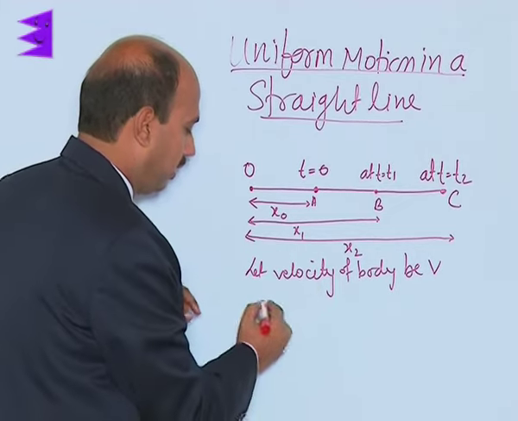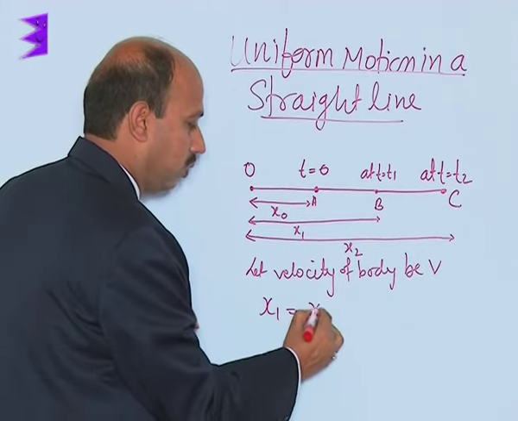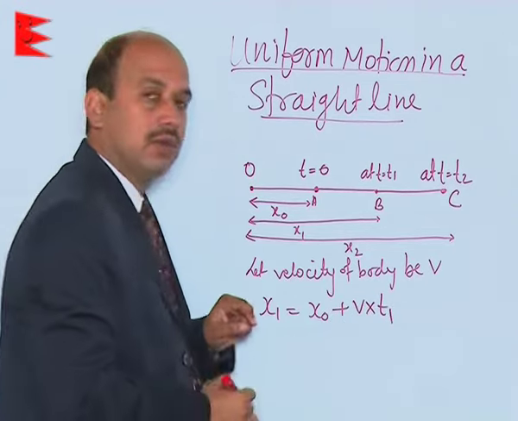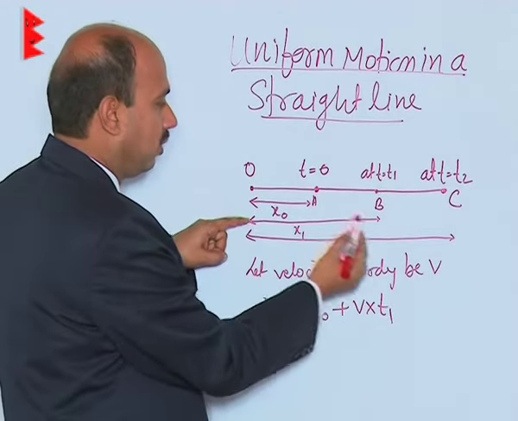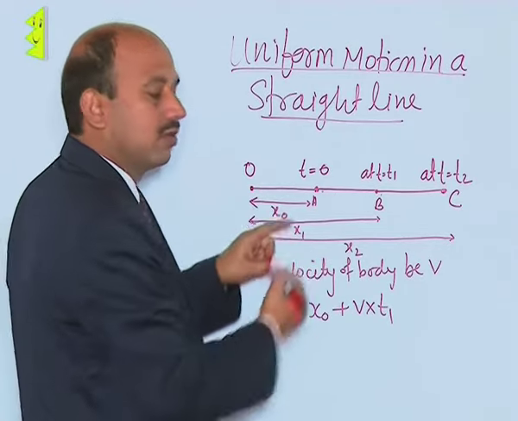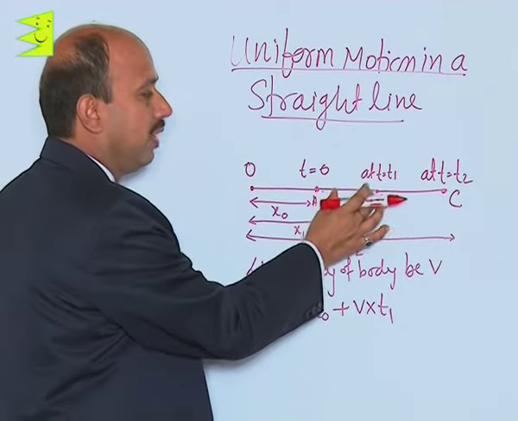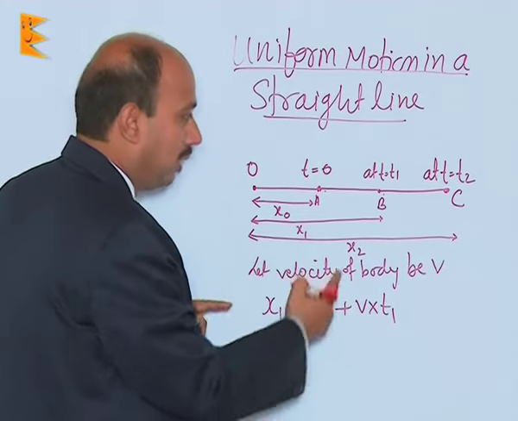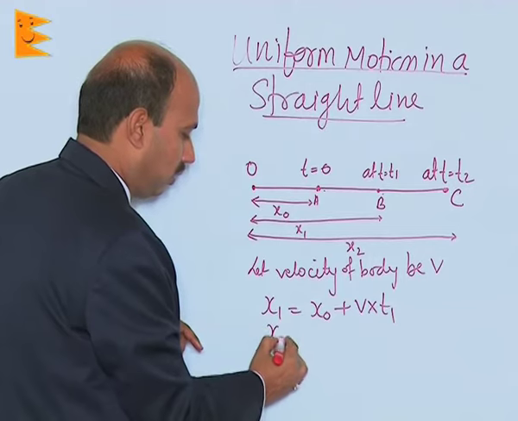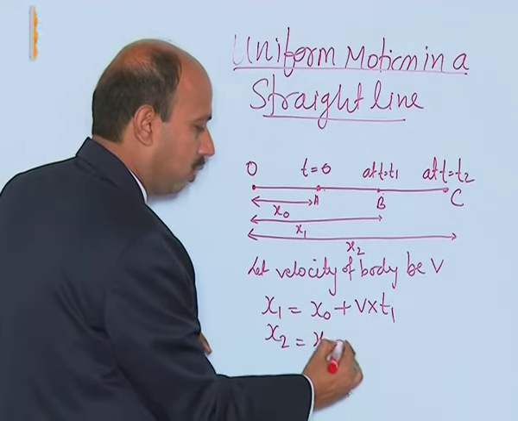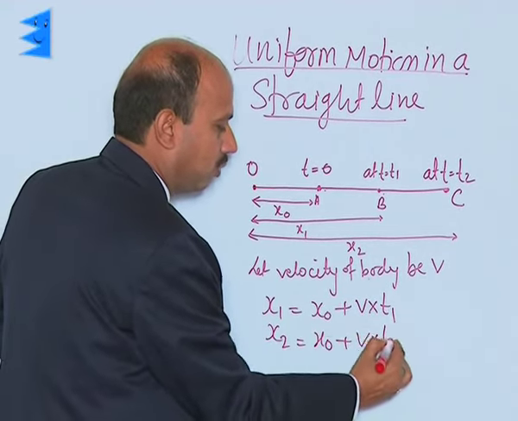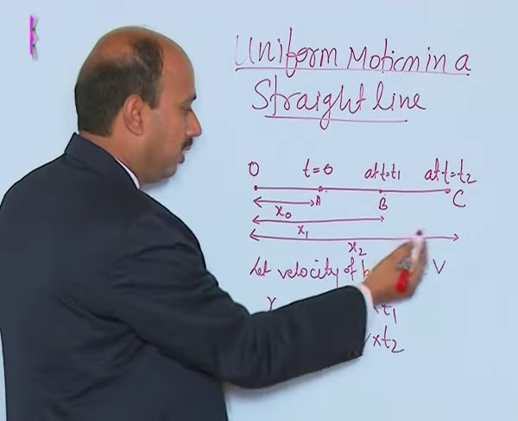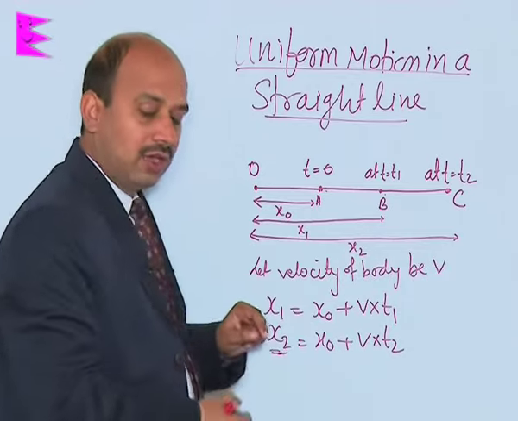So, we can write here x1 is equal to x naught plus v into t1. It means x1 is equal to this distance plus this, and this is the distance v into t, simply the velocity into time or speed into time. Similarly, we can write here x2 is equal to x naught plus v into t2. So, x2 is the position of C, or you can say the total distance x2.